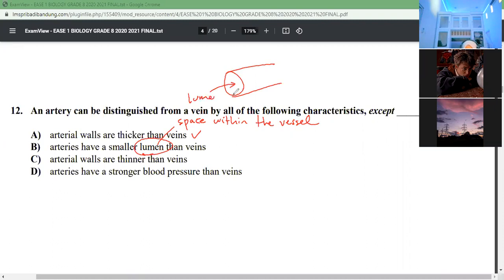Kayak ada rongga lah. Kita sebutnya rongga mungkin. In Indonesia we say rongga. Ruangan yang ada di dalam pipa, itu namanya lumen. Arteries have smaller lumen than veins. Yes. I told you before. Arterial walls are thinner than veins. What do you think? What are your thoughts?